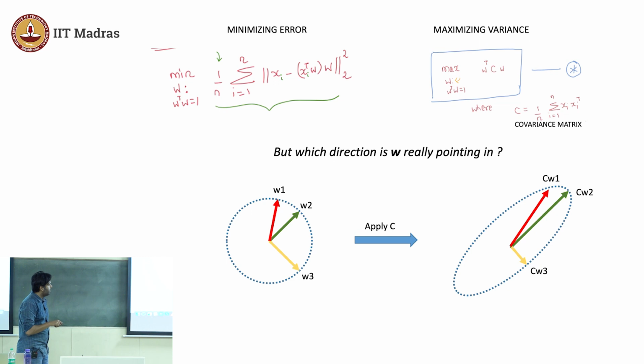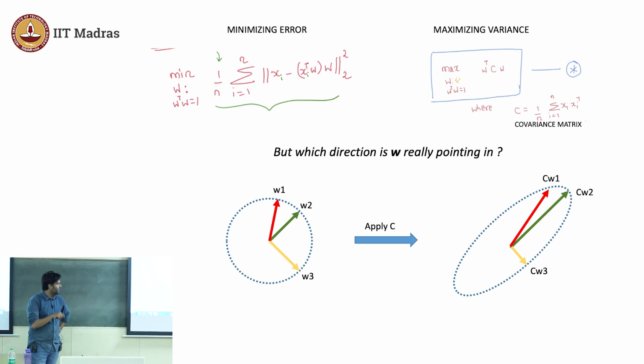Towards this, what we want to understand is which direction this w that we are getting is pointing, given the data. Let's try to understand it this way. Let's say I have a bunch of vectors w1, w2, w3. All of these are on the unit circle, so their lengths are 1.